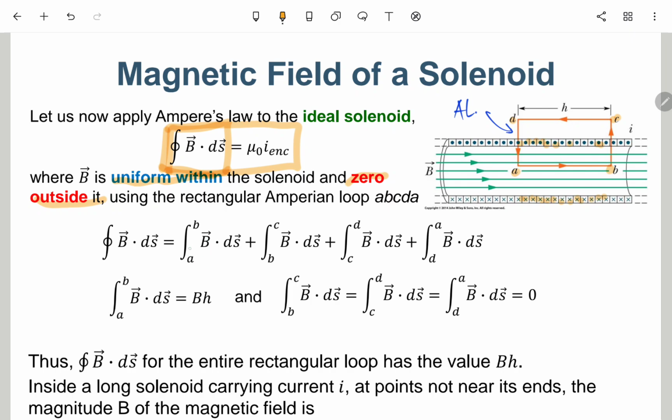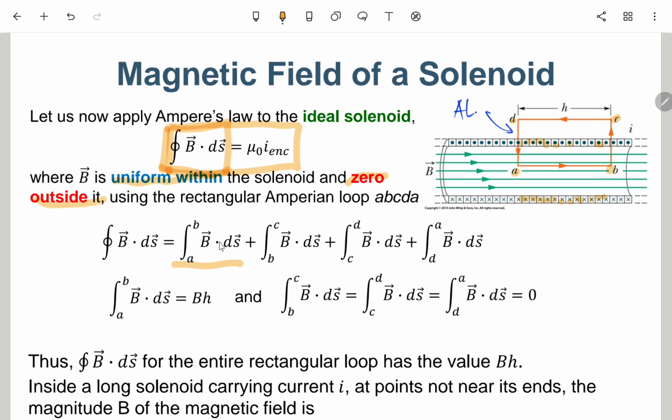So we have four integrations. We don't have a circle here for these four integrations because each is only a line integration for a straight line.